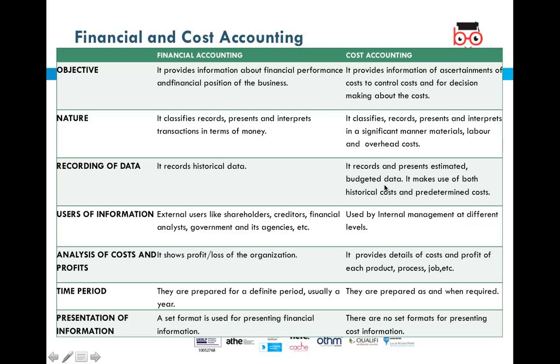Cost accounting records and presents estimated, budgeted, and historical costs as well as predetermined costs. Normally, financial accounts show the profit and loss, the income statement, and cost accounting shows the details of cost, profit of each product, loss of each product and process, first in first out, last in first out. All the costing is associated with cost accounting. Financial accounting statements are prepared for a definite period, and cost accounting is prepared as and when required, any time, for the purpose of business estimation.